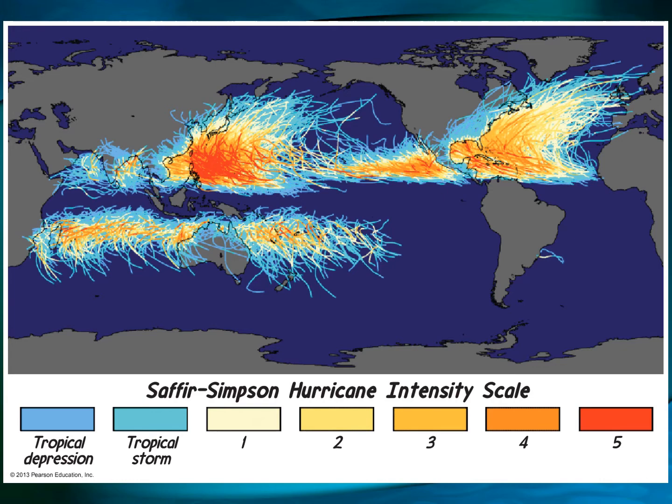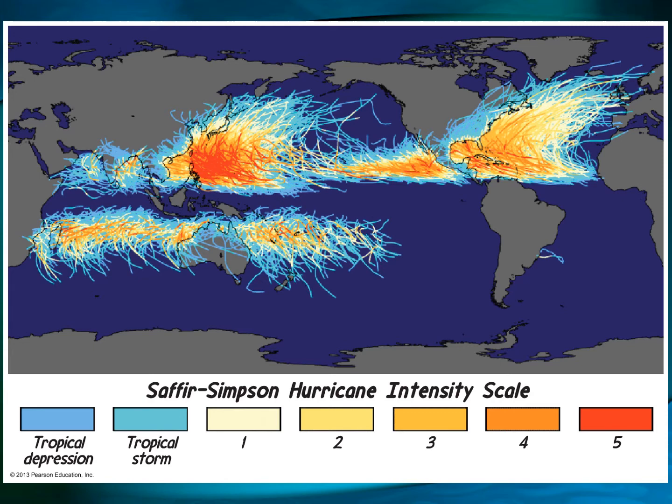Okay, so you're looking at the darker blue tropical depressions, the teal tropical storms, and then as you get into yellow, orange, darker orange, and red, you're looking at the intensity scale of your hurricane. And then you see the spaghetti string, so that each spaghetti string is a hurricane and the path that it took. So you see that they are incredibly rare in the South Atlantic and incredibly rare in the Southeast Pacific.